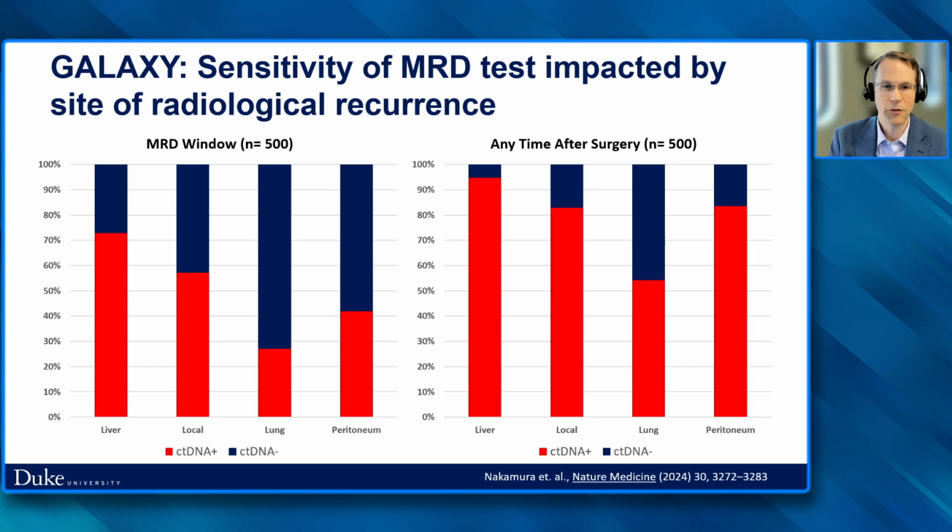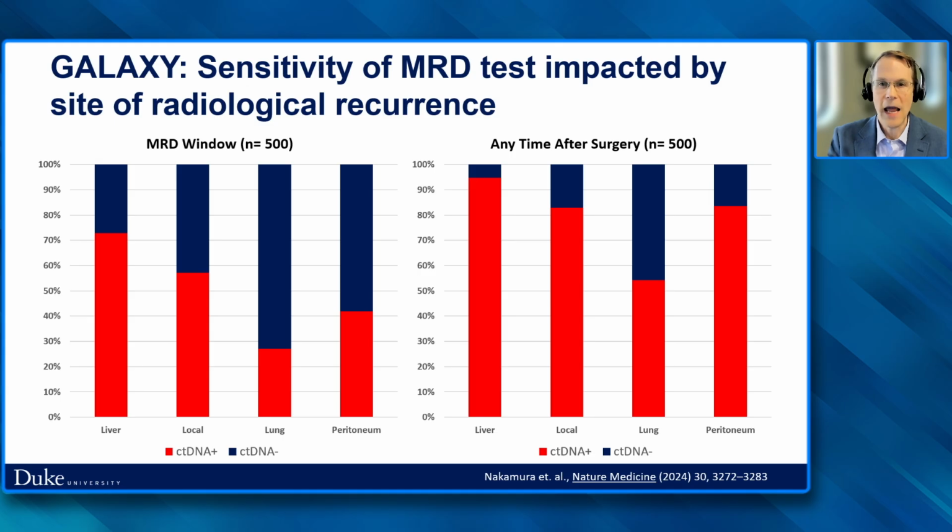This is immediately after surgery. And we can see that when there's a positive result immediately after surgery, the red bar represents those patients that are ctDNA positive. We can see that liver metastases are the most common site of recurrence where you've got a positive result after surgery. It's pretty rare, actually, to pick up a lung metastasis by blood immediately after surgery.